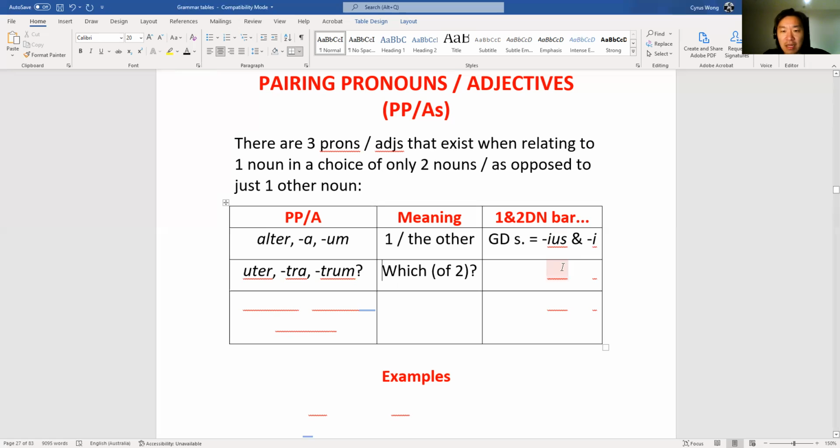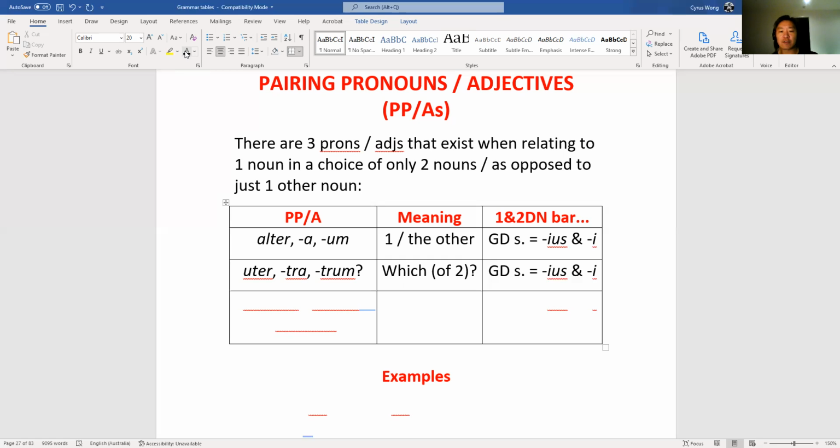So again, one major difference is it's still an adjective, but this one declines for the most part like ager, so it drops the E in the stem. But what is similar is it also goes ius and i in the genitive and dative singular.